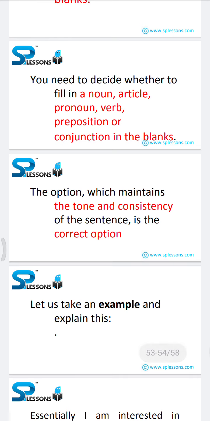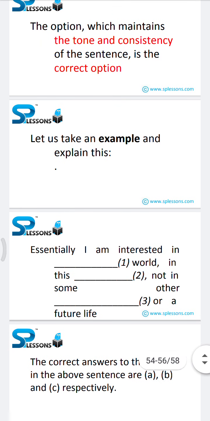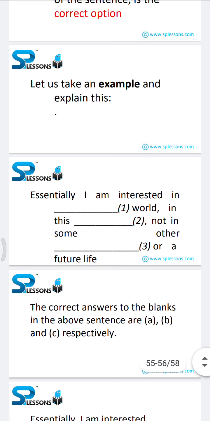To explain this tip easily and clearly, let us take an example: Essentially, I am interested in blank one world in this blank two, not in some other blank three or a future life.